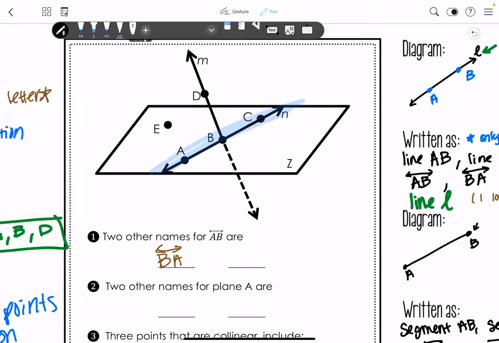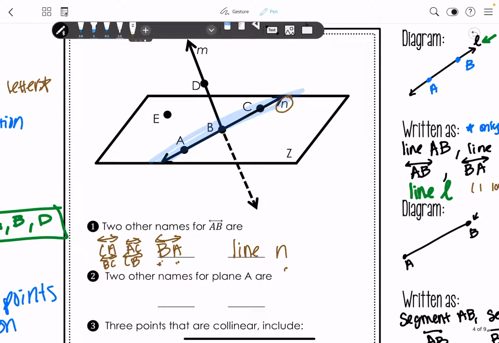But you could also call it line CA, AC, CB, or even BC. But notice this lowercase letter. You could just also call it line N. Okay, so those are all the different options, but know that you can always do 2 capital points, or 1 lowercase letter for a line.